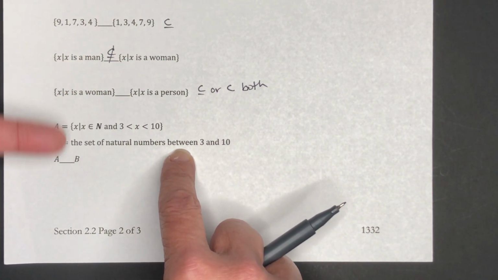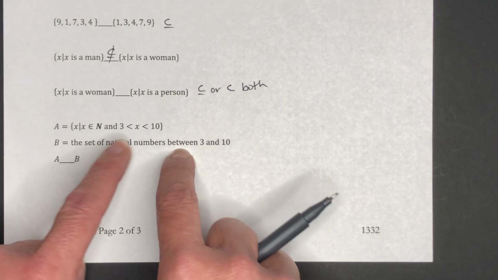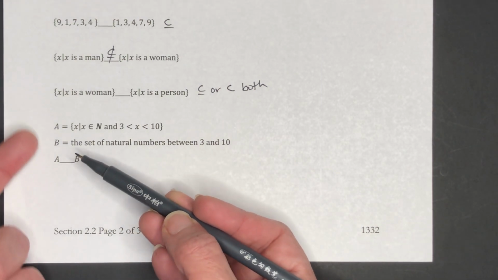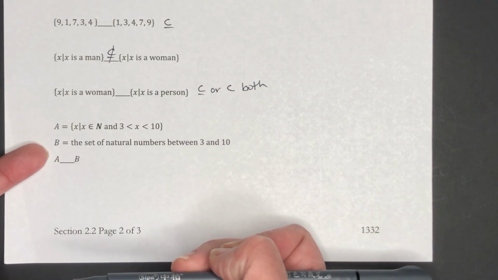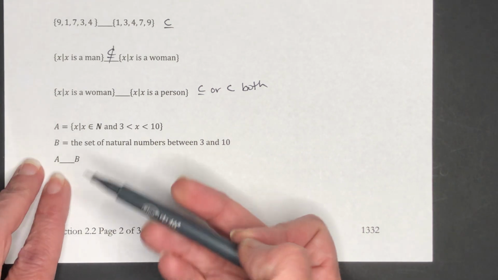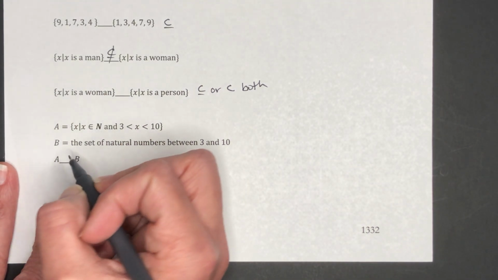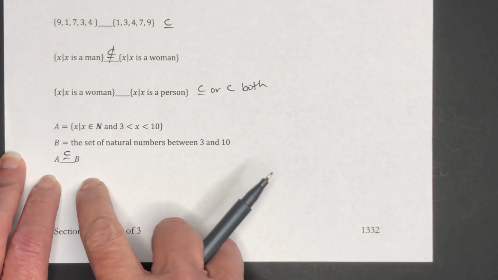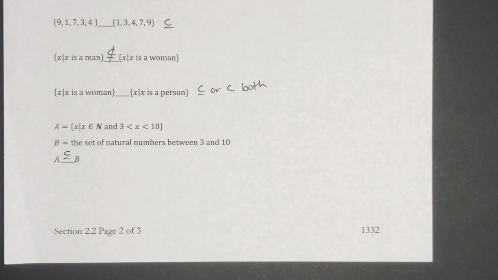These are exactly the same thing. This is just written out in English. This is written in set builder notation. And so that means A is equal to B, correct? All right. So if A equals B, then A is a subset of B, but because they are equal, they are not proper subsets.